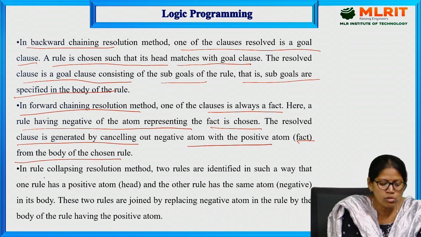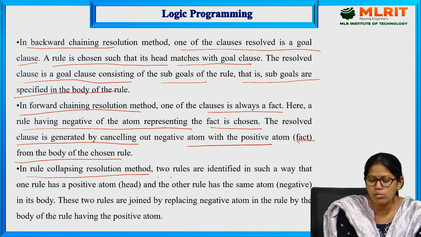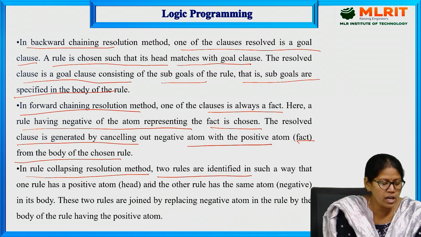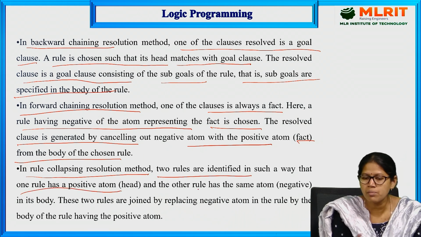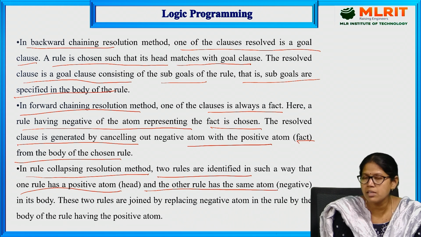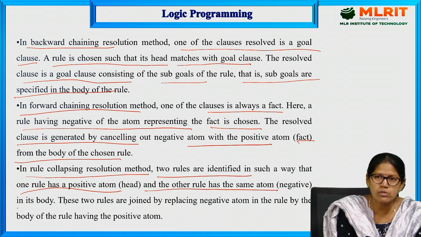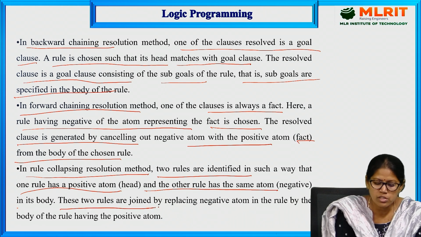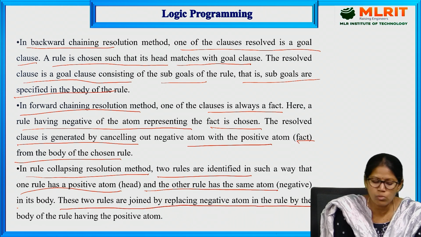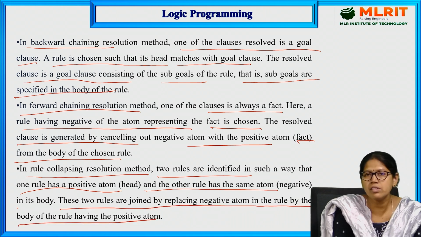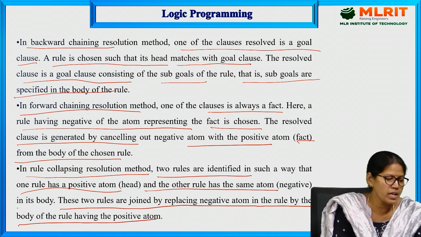Next, in the rule collapsing resolution method, two rules are identified such that one rule has a positive atom head and the other rule has the same atom negative in its body. The negative atom is replaced with the positive atom. These two rules are joined by replacing the negative atom in the rule by the body of the rule having the positive atom. Let's see the examples.